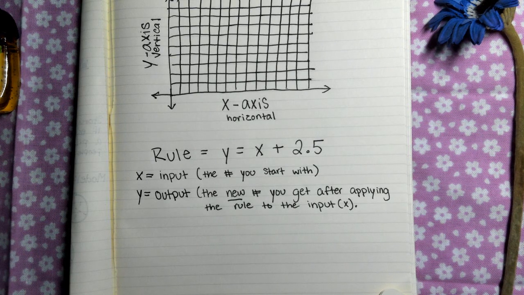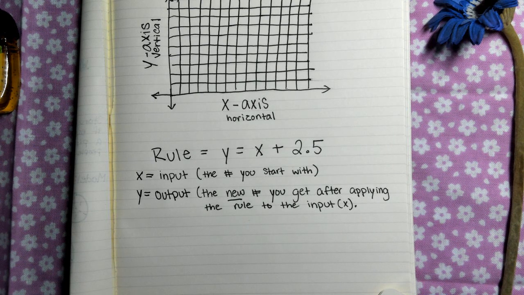A lot longer definition, huh? The x, the input, had such a short definition. Y has a much longer definition because it's more of a complicated concept. The x is just simply the number that's going in. The y is the more complicated number that's going to come out, okay? Because something has to happen to the input to get the output.